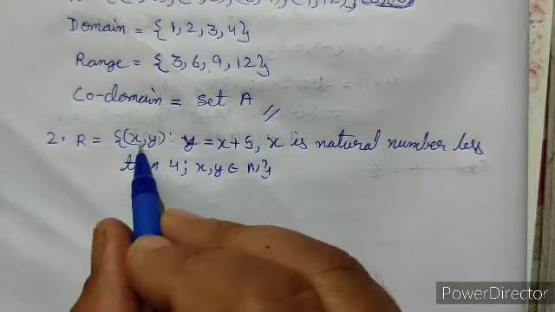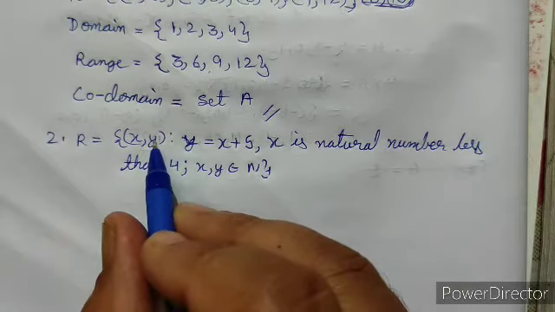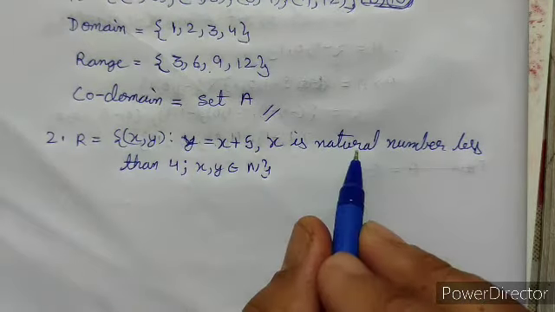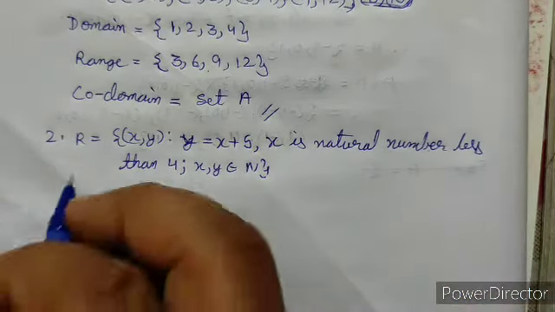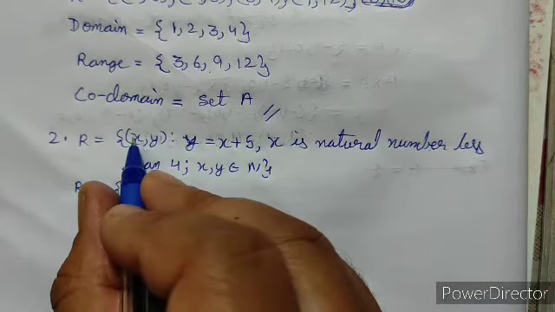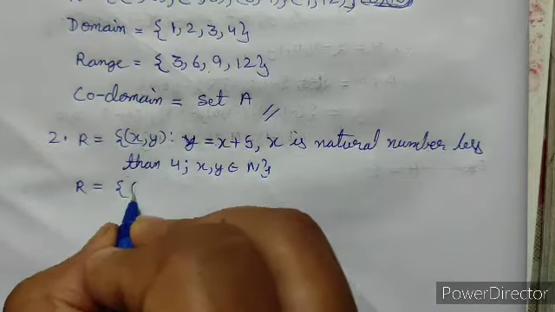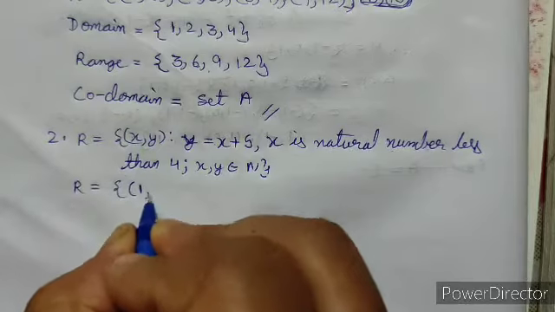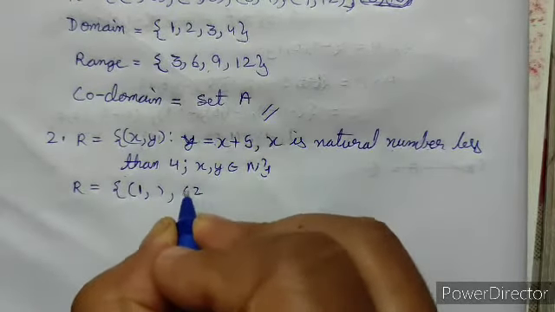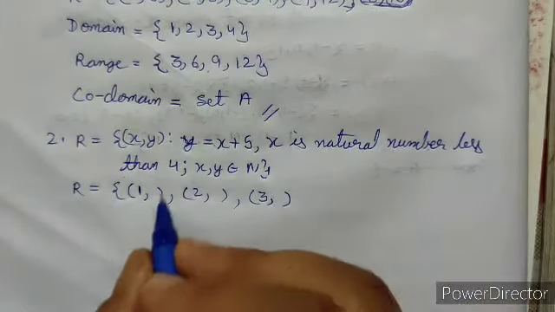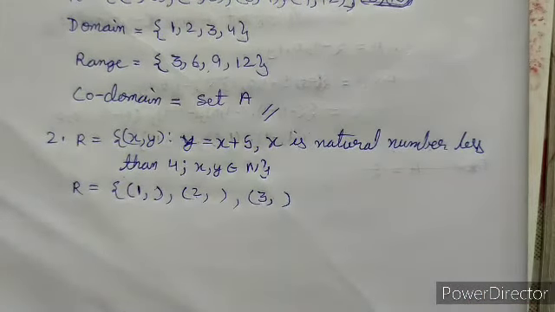Here x is the element of the domain of the relation and that is a natural number less than 4. So the first element of the ordered pair will be the natural numbers less than 4, and 1, 2, 3 will be the elements of the domain of the relation.